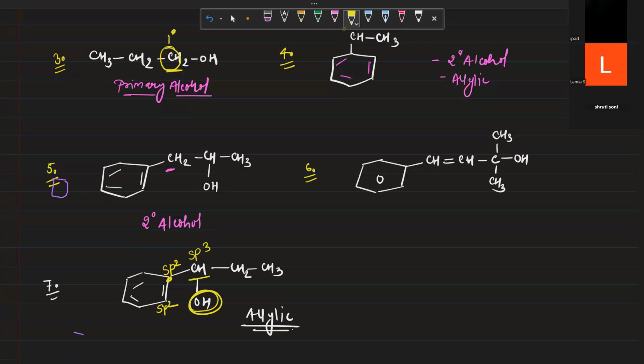I see. Okay, this is the allylic. But if the OH is directly attached to sp2, then that would be vinylic, right? Yes. Wait, hold on.